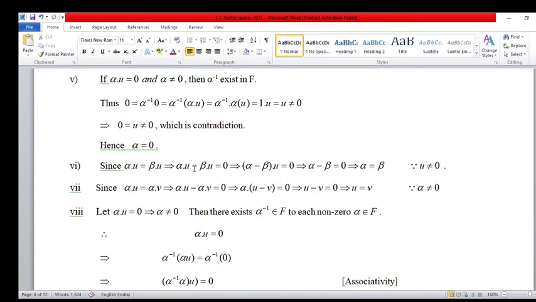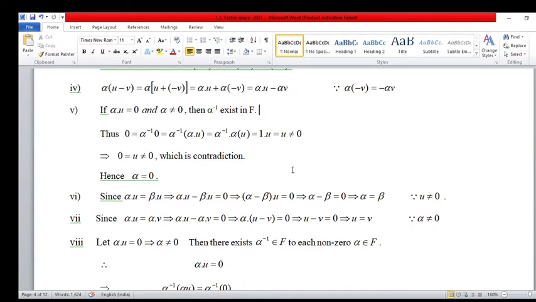Side change with minus symbol, alpha common, u common, alpha minus beta u is equal to 0. u does not equal 0, so alpha minus beta is equal to 0, and this implies alpha is equal to beta. Same condition in the seventh: alpha u is equal to alpha v, again alpha common, side change, u minus v. Alpha does not equal 0, so u minus v is equal to 0 and u is equal to v.